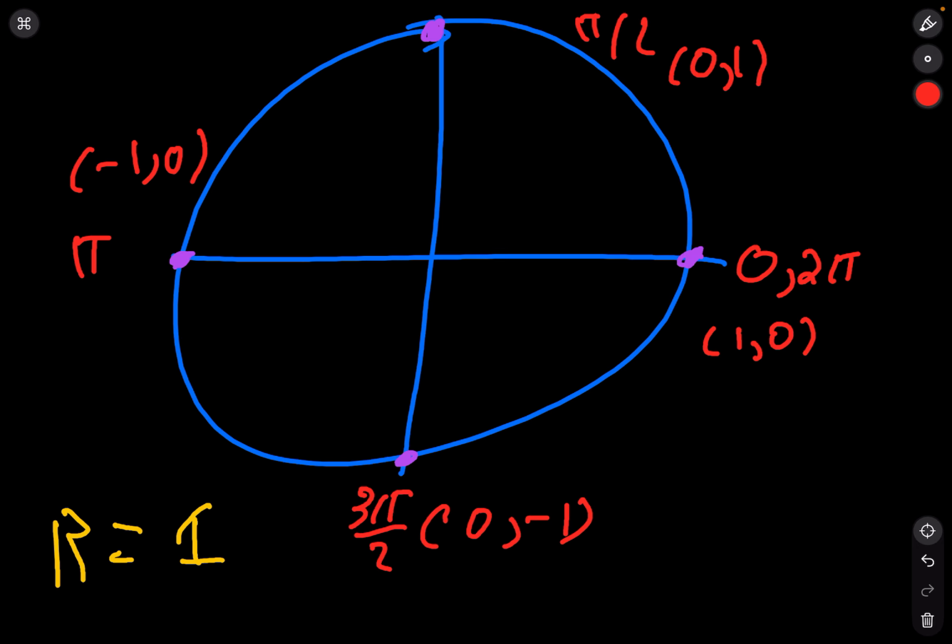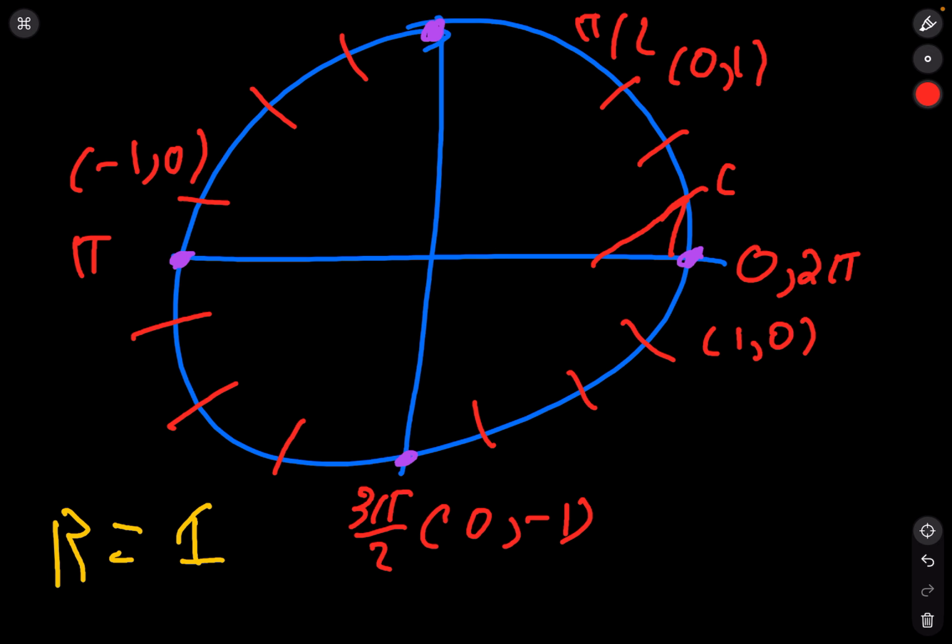And from here, it's 1. And so we can safely assume that the points at 0 or 2 pi, pi half, pi, and 3 pi half, their respective points would be 1, 0, then 0, 1, negative 1, 0, and then 0, negative 1.